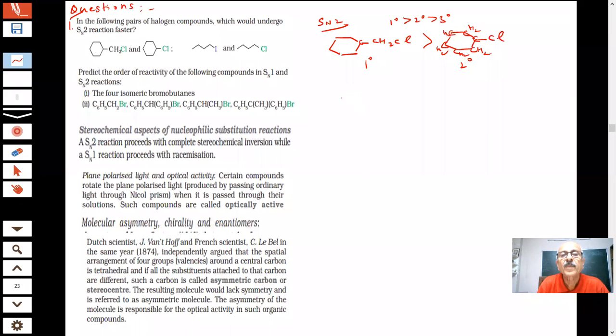Out of these two, which is faster? Right is faster.